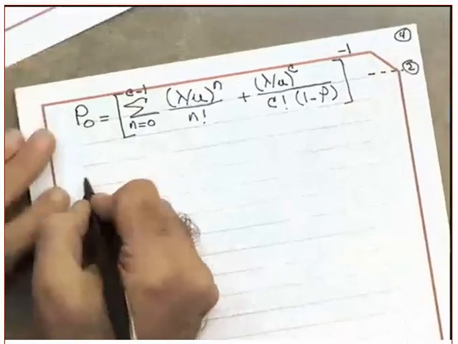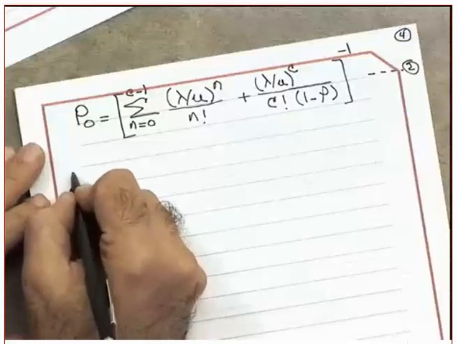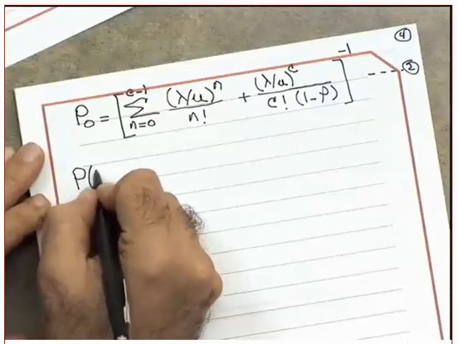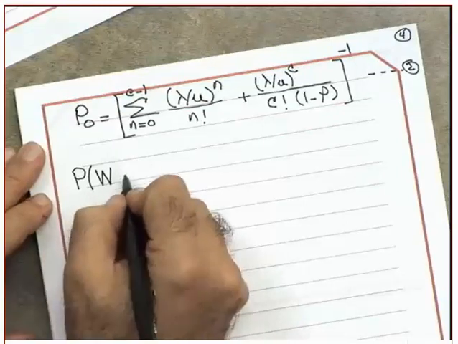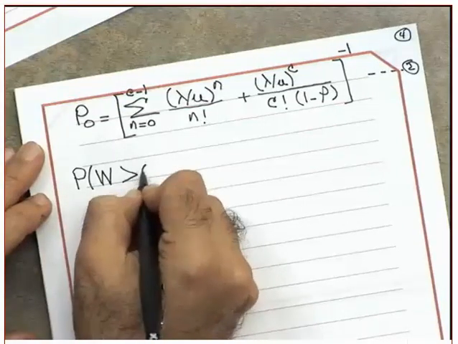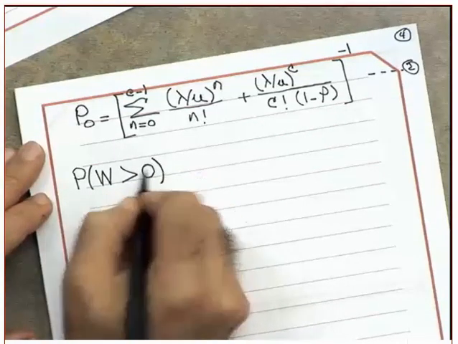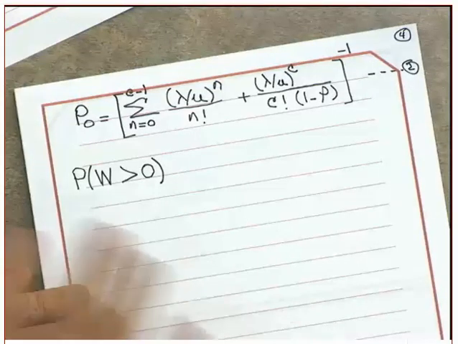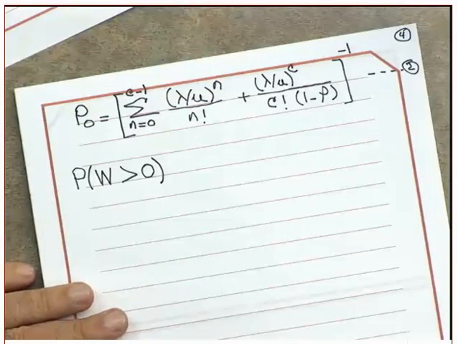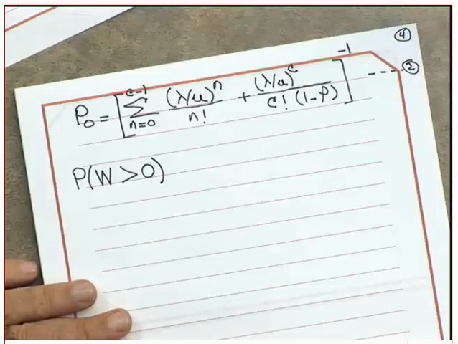Now let's see if you can help me get some of the important parameters in our model. We start first of all with the following. What is the probability that W, which stands for waiting time, is greater than 0? First, let me ask a question: what kind of a random variable is W? Mixed. Why is it mixed?